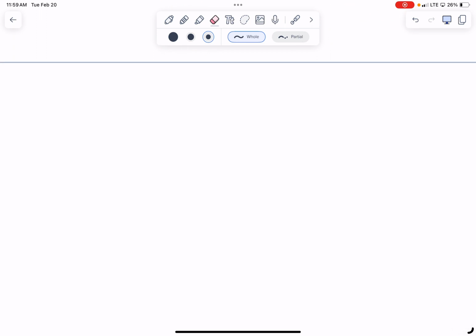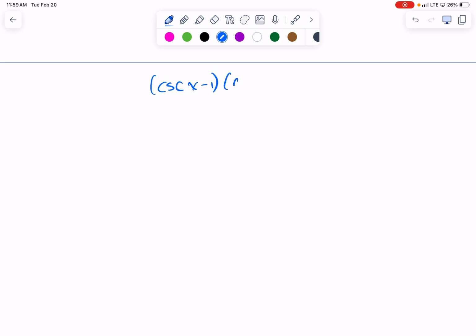Okay, so example 8 is simplifying by writing and using identities. We're going to simplify the expression cosecant x minus 1 times cosecant x plus 1 over cosine squared x. So how can we simplify this?